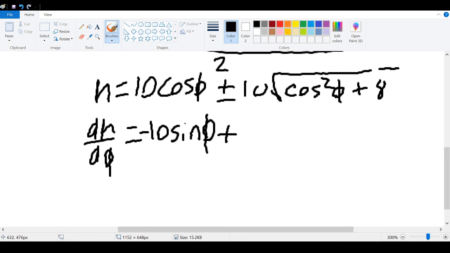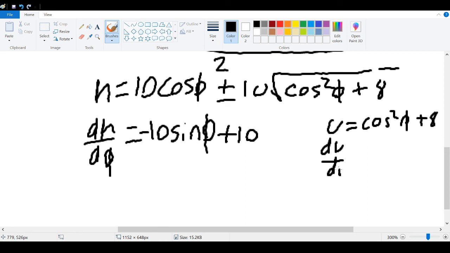So here's the tougher one. We can already pull the 10 out. I'm going to use the chain rule here. I'm going to set my u equal to cosine squared of phi plus 8. So then du d phi is equal to the derivative of cosine squared of phi, which is negative sine of 2 phi.